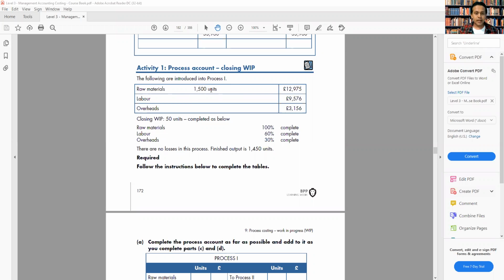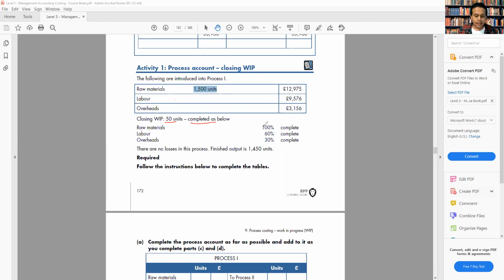So I put 1500 units of the material inside of the machine, and I want to see what's going on from this 1500. You can see here they said the closing work in progress is 50 units. So on the machine, we have 50 units left and completed as below.